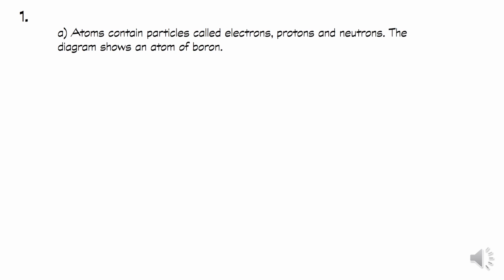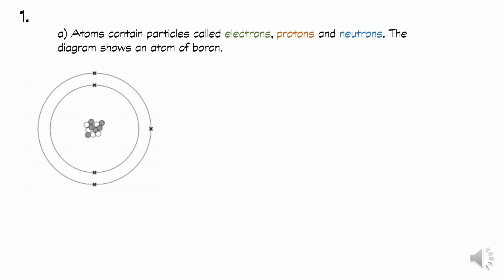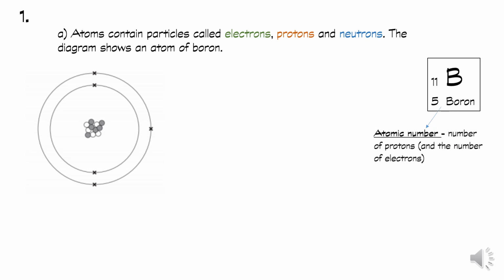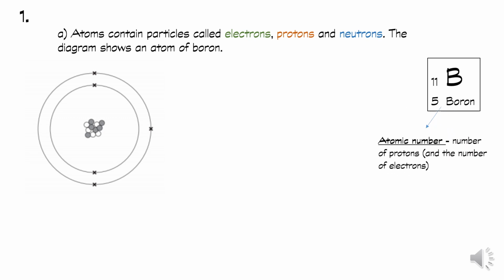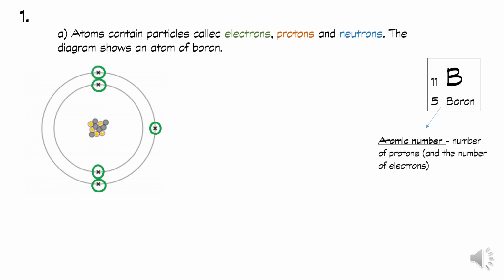Atoms contain particles called electrons, protons and neutrons, and the diagram shows an atom of boron. So the most important words here are electrons, protons and neutrons, and of course we're looking at the atom of boron. Boron has an atomic number of 5, which is the number of protons, which you can see here in the nucleus, and the number of electrons.